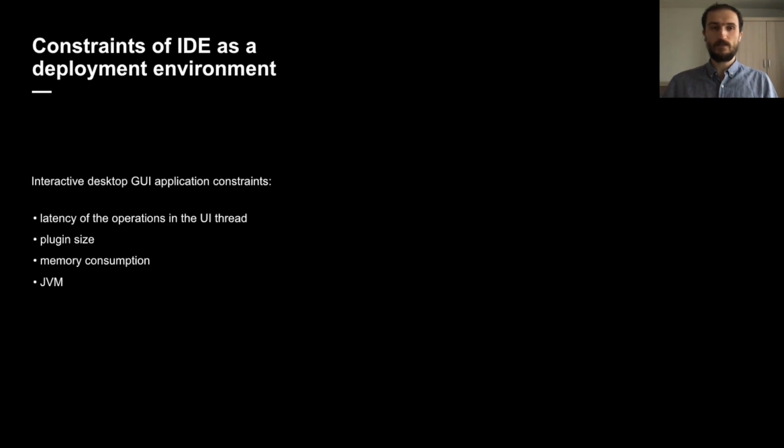Last but not least, the IDE is an interactive desktop GUI application. So to be a good citizen in this world, the plugin has to respect certain constraints. This is especially important as a common use case these days is that a plugin may include an inference from a machine learning model trained on source code.